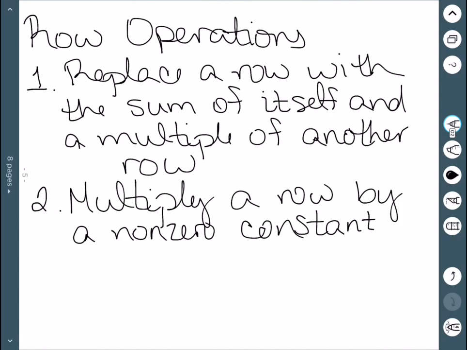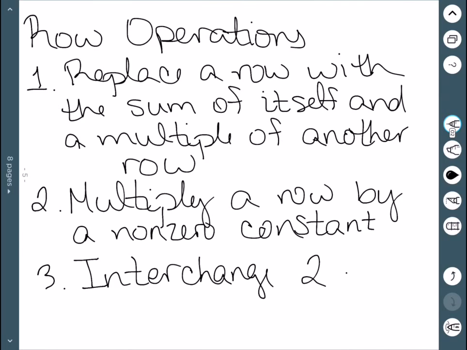This would have been the same thing as multiplying by -1/5. And the final row operation that we can do is to interchange two rows. The order that I wrote down the equations in is completely irrelevant, so we can switch those up if we want to.